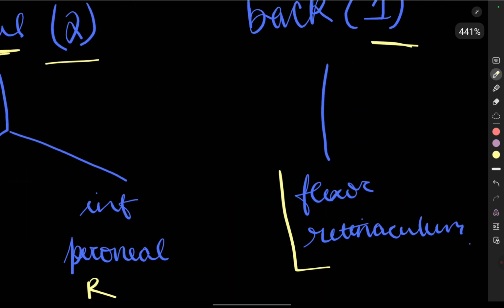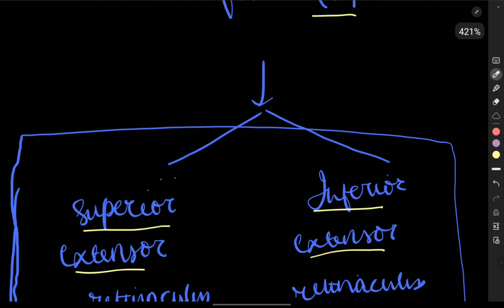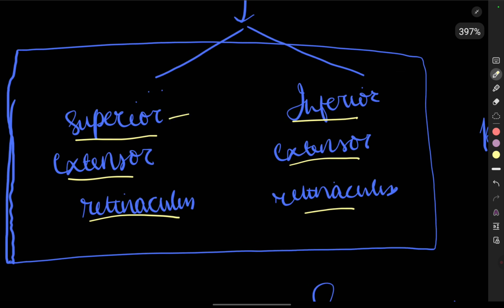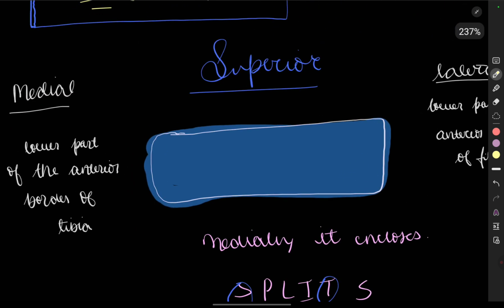For the back we have the flexor retinaculum, because the back of the leg is the flexor compartment. On the front side two, superior and inferior extensor, because it is holding the tendons.